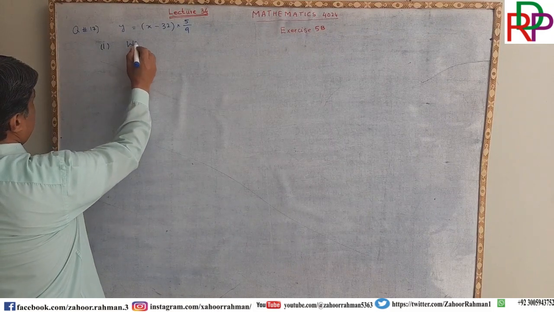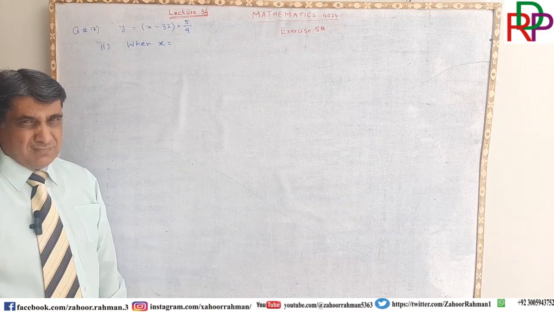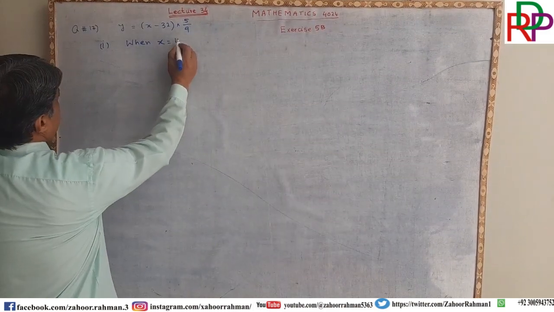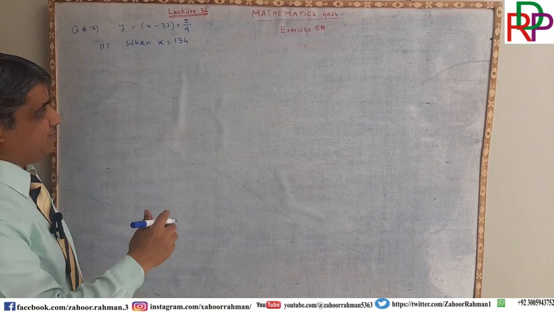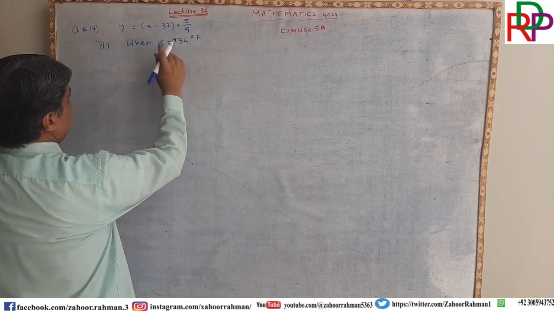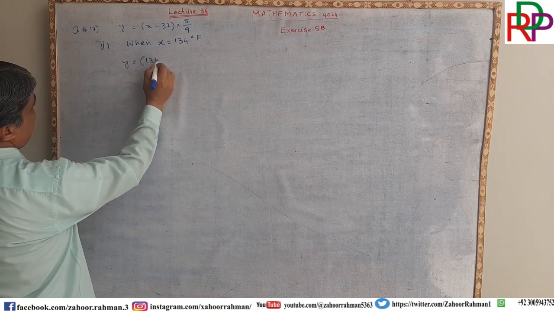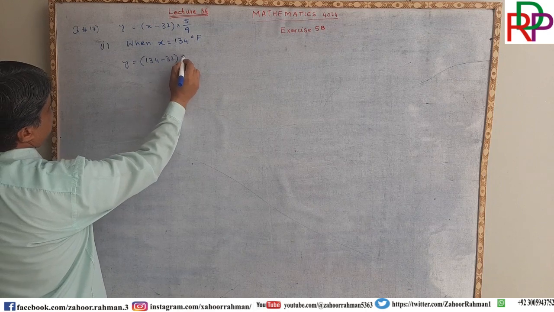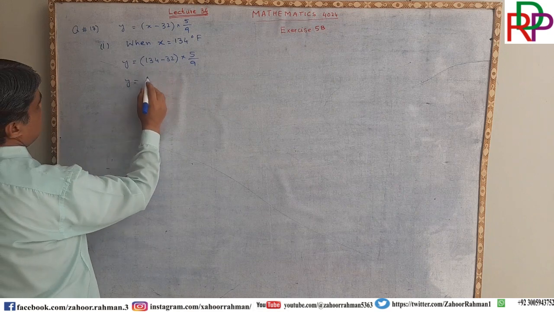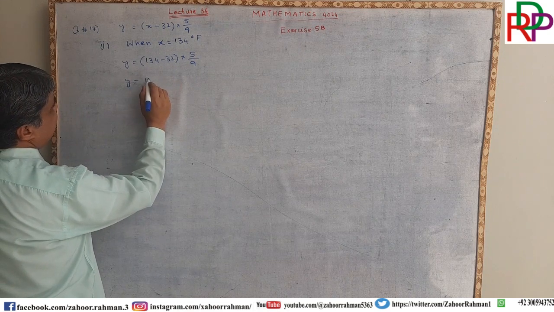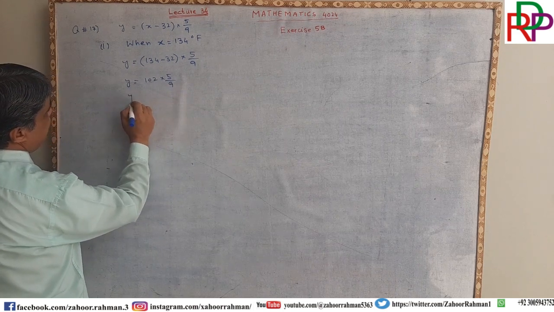So when x is equal to 134 degrees Fahrenheit, we have to put x is equal to 134, so y is equal to 134 minus 32 multiplied by 5 over 9. So y is equal to 102 multiplied by 5 divided by 9.